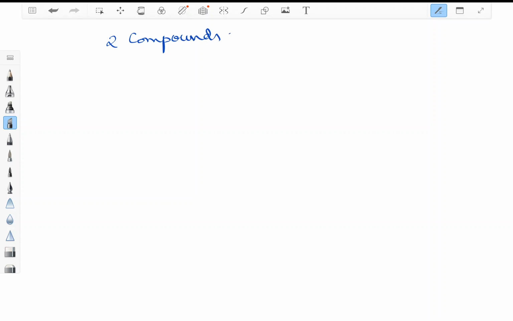Those compounds are CH3, CH3 double bond O, and CH3 double bond O.